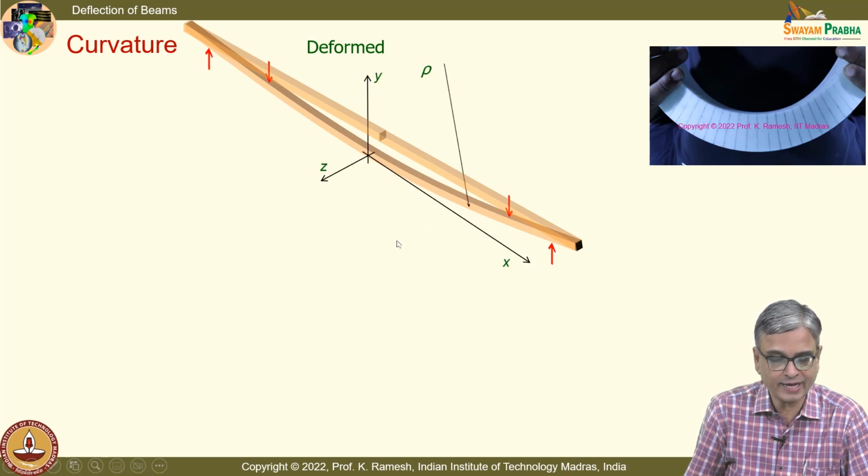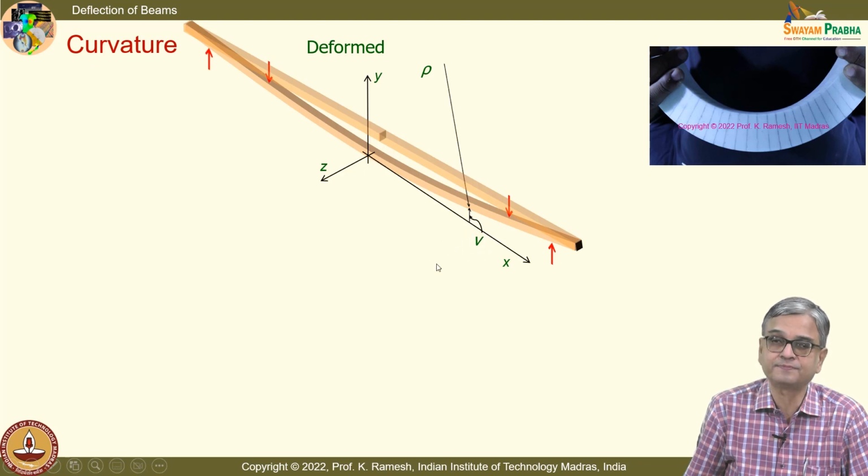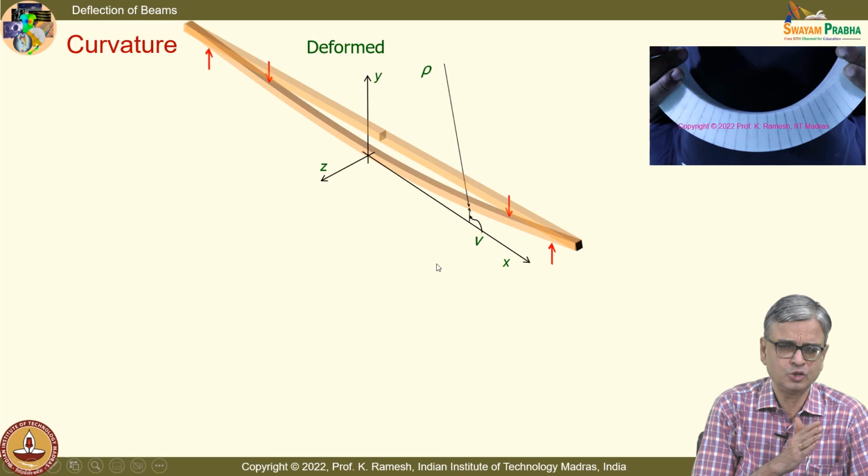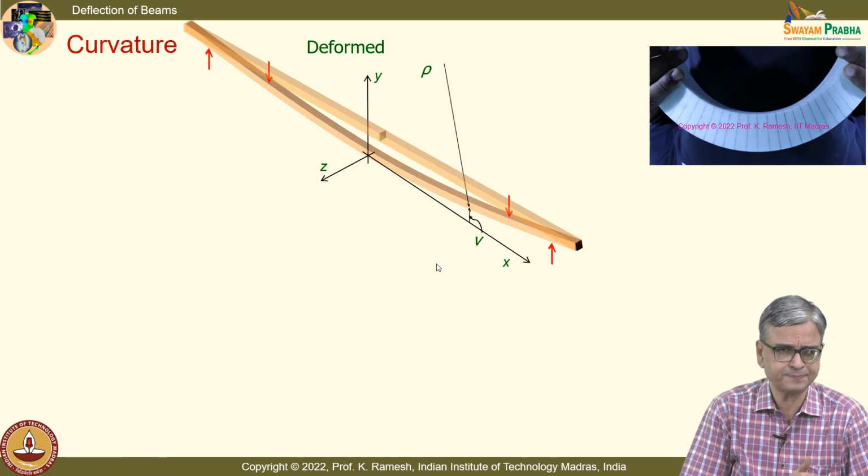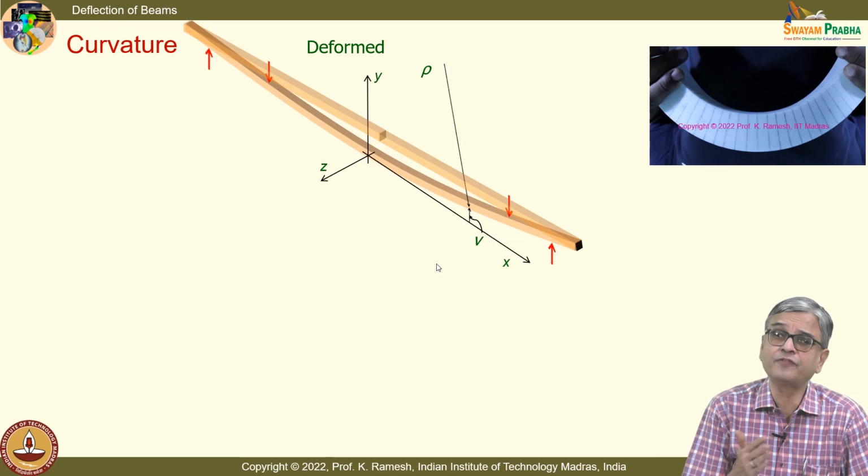And you have developed the notion of curvature. You have the radius of curvature rho indicated, and the vertical displacement is also labeled as V, because we have used U as horizontal displacement, V as the vertical displacement, and U and V are functions of x and y. Fine.